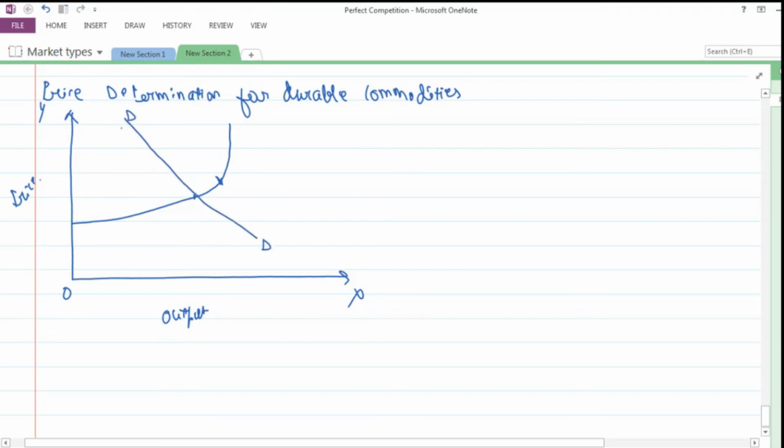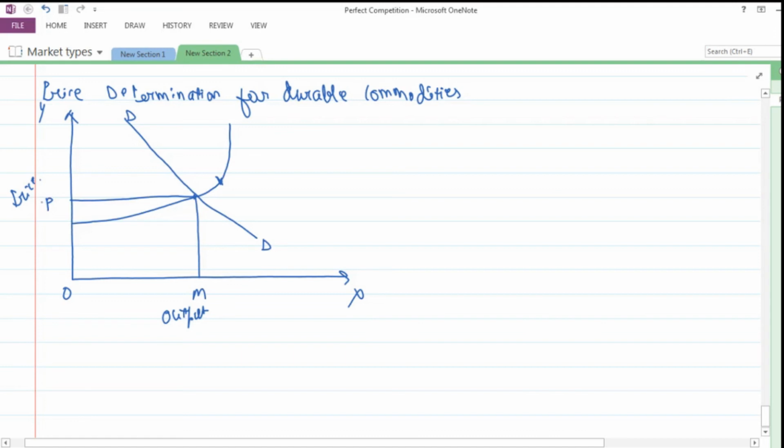If the firm was working at DD, then the price which is determined at DD is this much and the quantity which is supplied is this much. तो यहाँ पे M quantity और P price के ऊपर goods को supply किया जा रहा है.